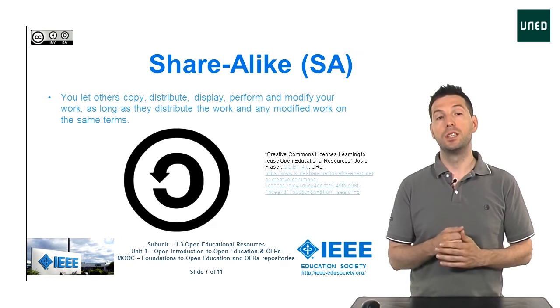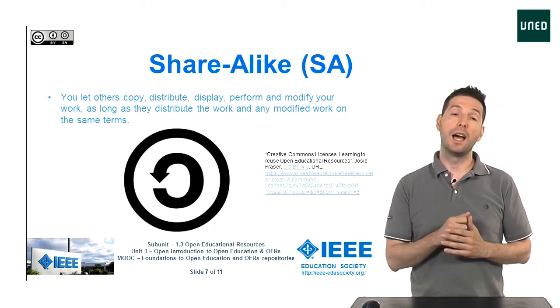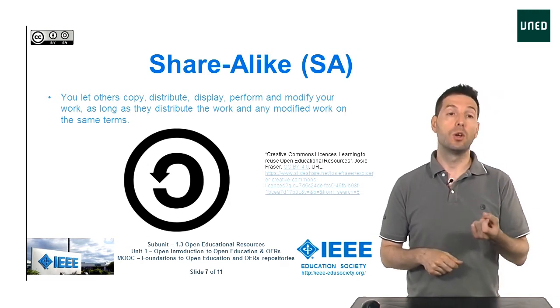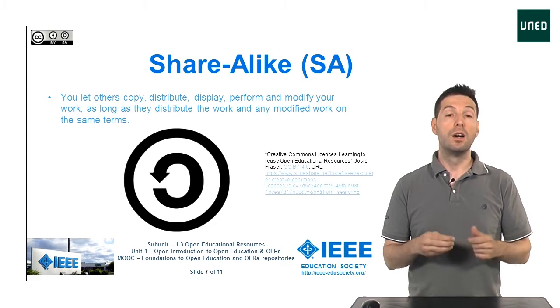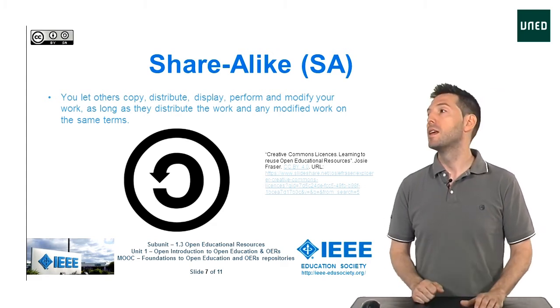In this case, you see, at the top of the slide, there's a logo, meaning that this video is also provided with a Creative Commons license because I used Creative Commons resources to create it.